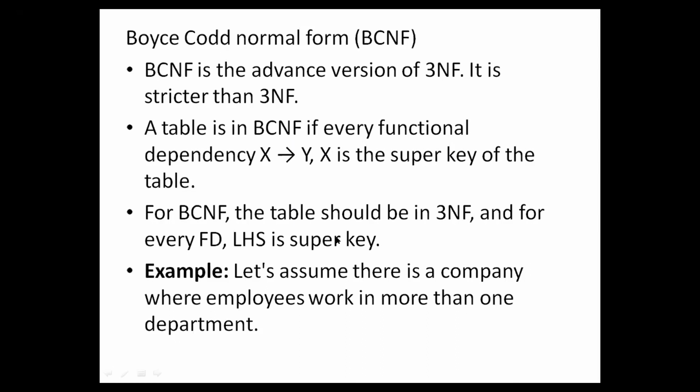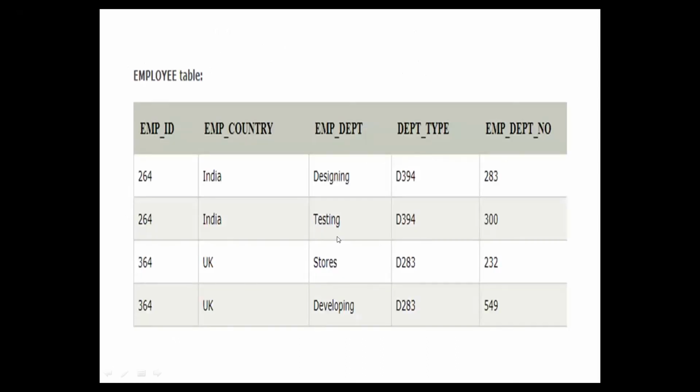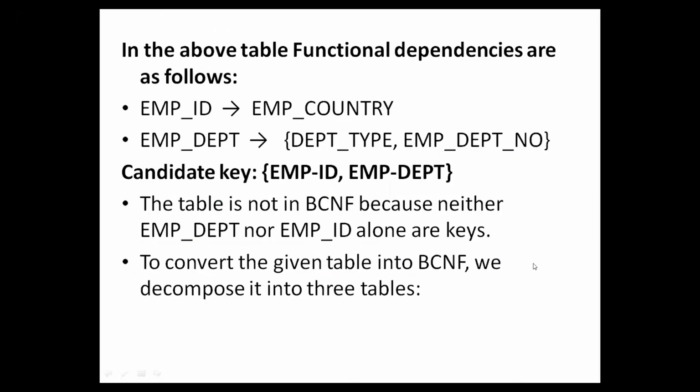We'll assume that there is a company where an employee works in more than one department. So 264 is the employee ID. He works in designing as well as in testing, and similarly stores and developing, right? So now how do you derive your functional dependency?